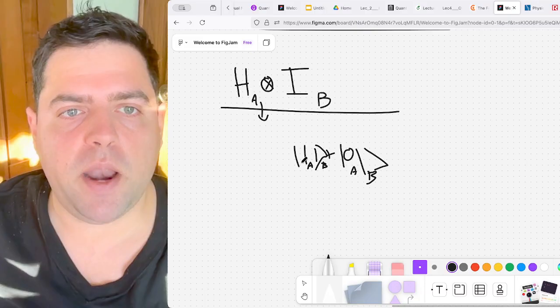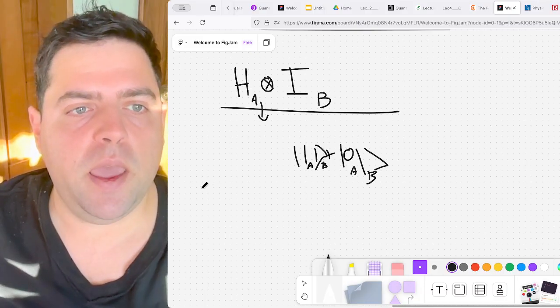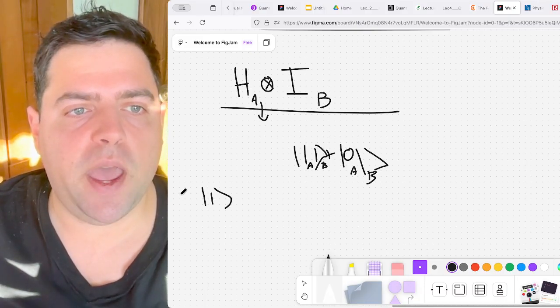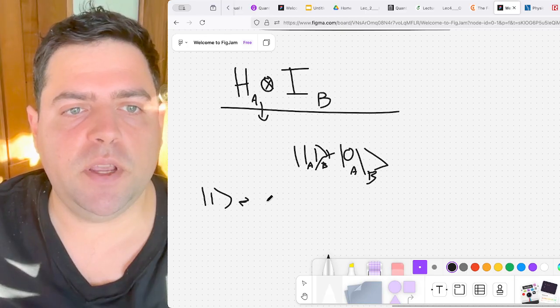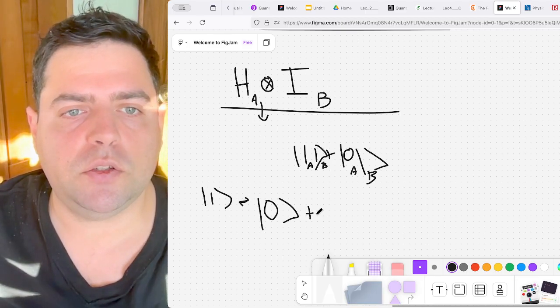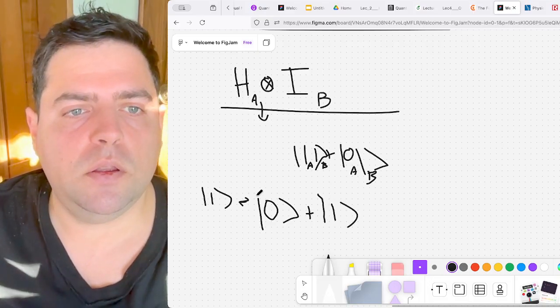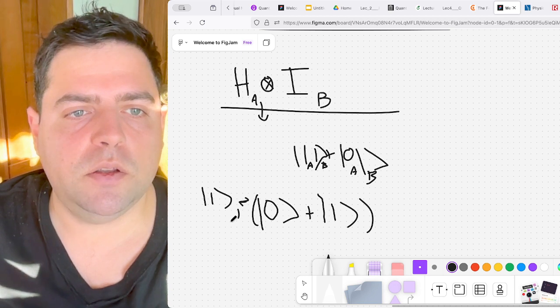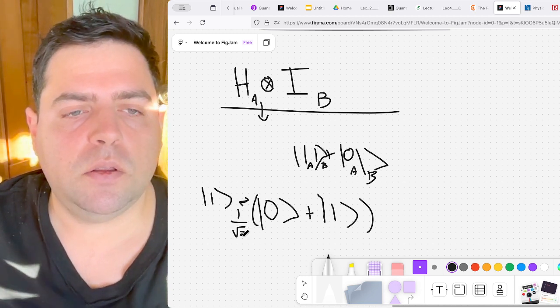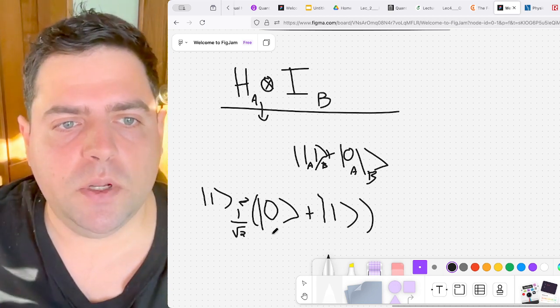Now, the Hadamard gate acts on 1, and the 1 bit going through the Hadamard gate is going to give us 0 minus 1, suitably normalized. Proud I only had to check Wikipedia once.